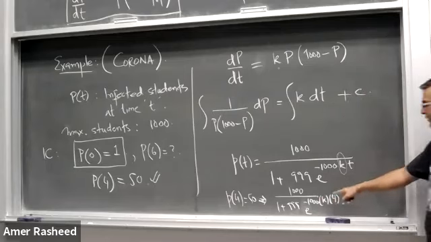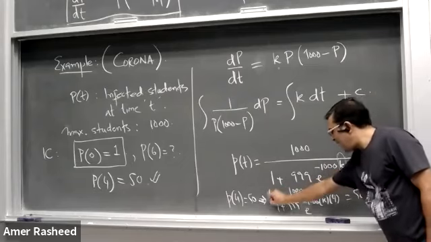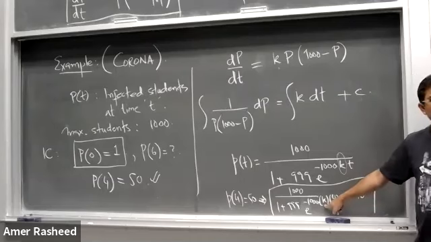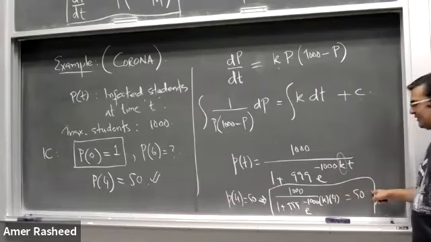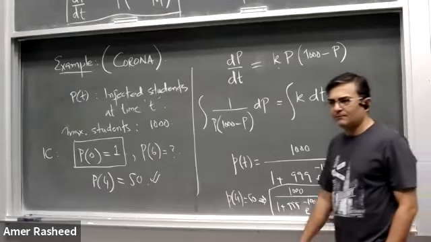This is equal to 50. You have only one unknown in this equation, which is k. You can multiply this thing over there, and then simplifying, taking log, you can find the value of k. I hope you can do it.